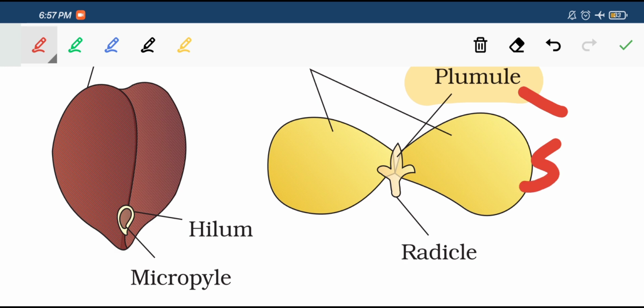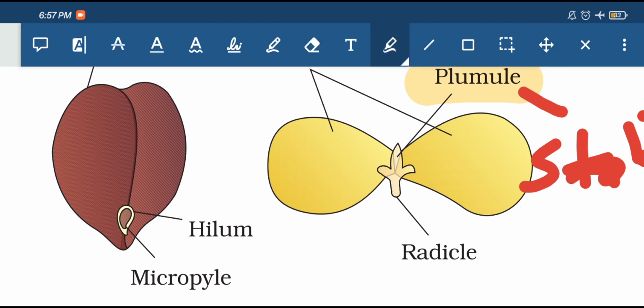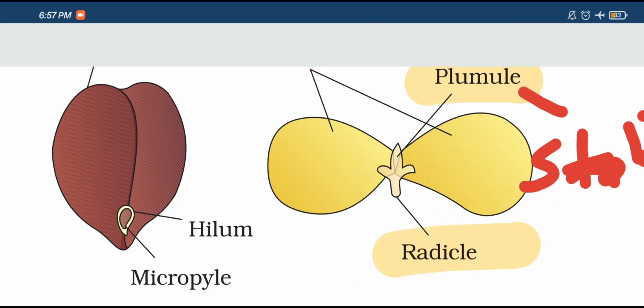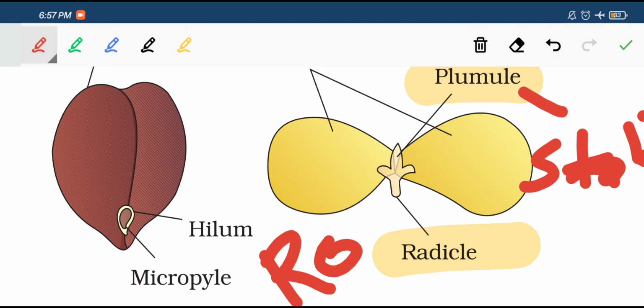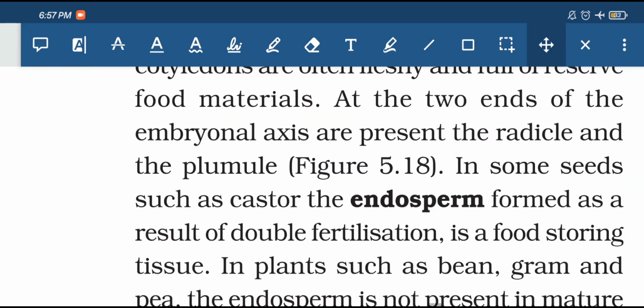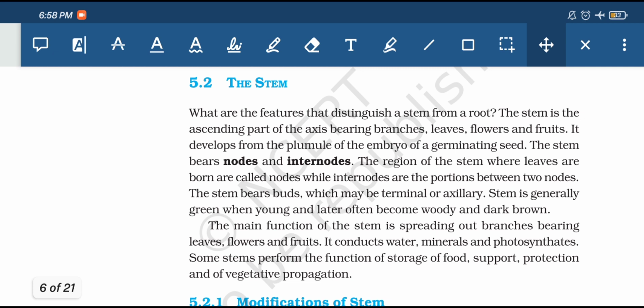And this is the radicle which grows into the upcoming root system. Radicle grows into the root system and plumule goes into the shoot system. Okay, a plumule develops into the stem or the shoot system.